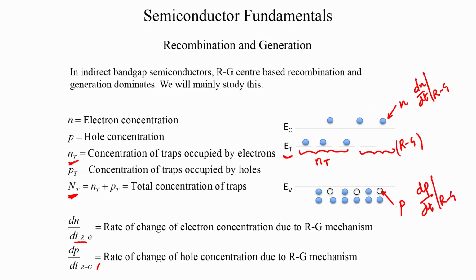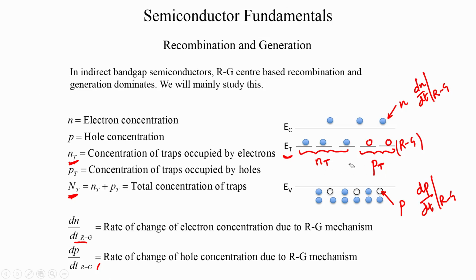It is the number of traps per unit volume located at E t that are occupied by electrons, and the number of empty traps, or traps that are occupied by holes, are P t. So, there are P t traps per unit volume that are empty.